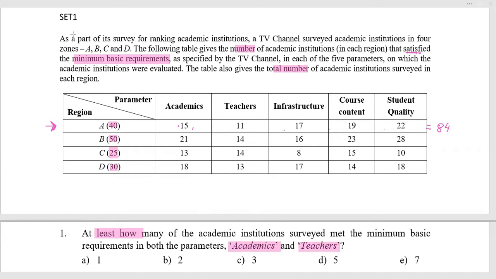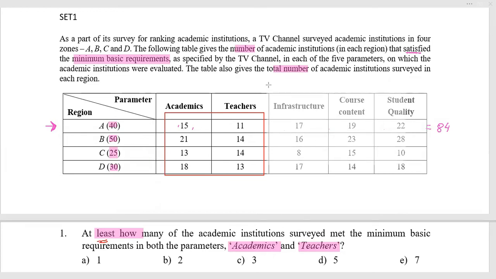We want to find the minimum number of institutions that satisfy both parameters, academics and teachers. That means our target is only this segment, academics and teachers. I am not at all interested in the part given here. This part is not in our picture. We will not at all consider this part.